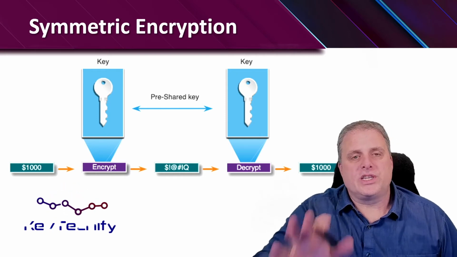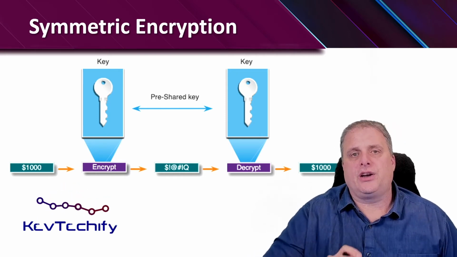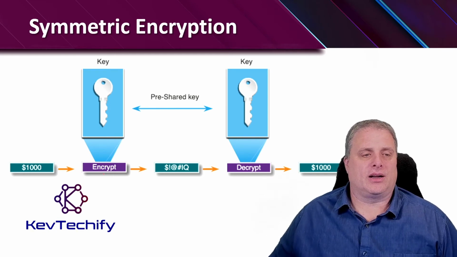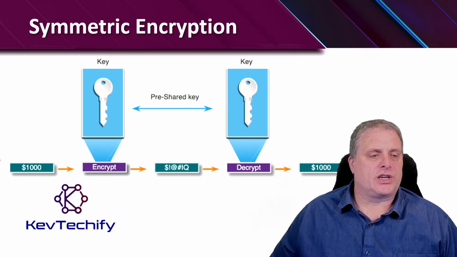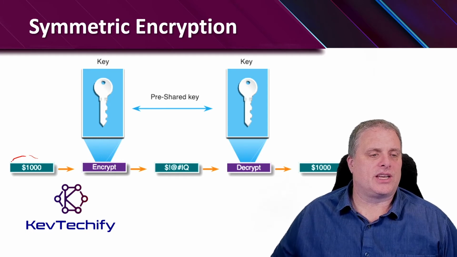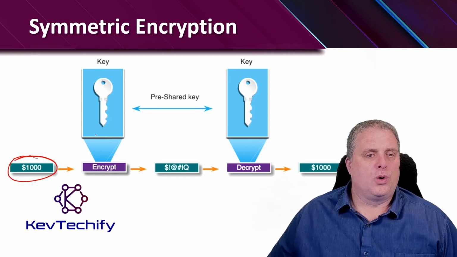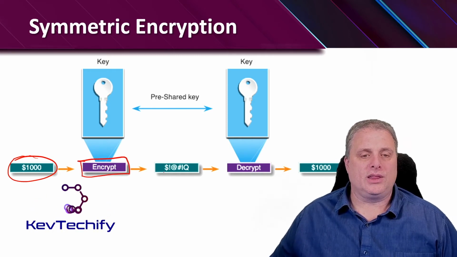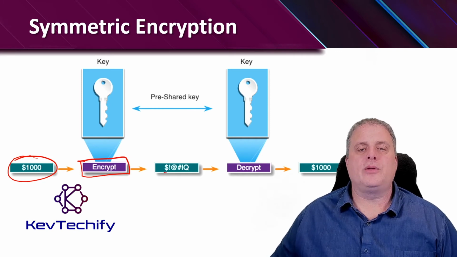Symmetric encryption, once again, uses the same key. It's a pre-shared key. Same key is used to encrypt and decrypt the data. And so what happens here is we start with our message. We have our message here that says we have $1,000. We use our key, this blue key, to encrypt the data. When the data is being sent across the network, this is what it looks like. It looks like random gibberish.